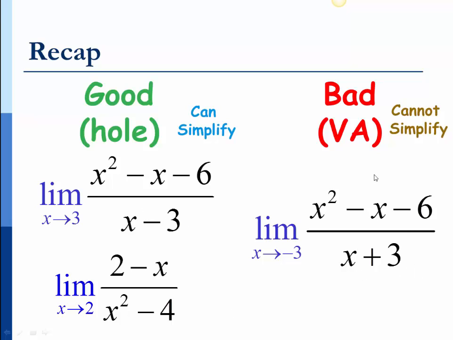In this second case, where we got a vertical asymptote, I'm calling that VA, how did we get a vertical asymptote? It was because algebraically we could not factor and reduce things out. So when we can reduce things out, that's great, we get a limit, we actually get a number. When we cannot reduce it out algebraically, our limit does not exist. We don't get a number. So that's a quick little recap there.